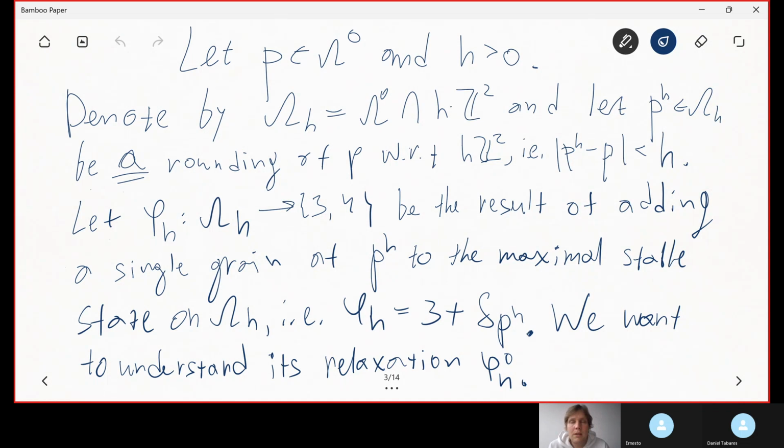It might be that there is a single closest point from the lattice, but it might happen that there are 2 or maybe even 4. So we choose some of the closest points in the lattice to P, and call it P_h.